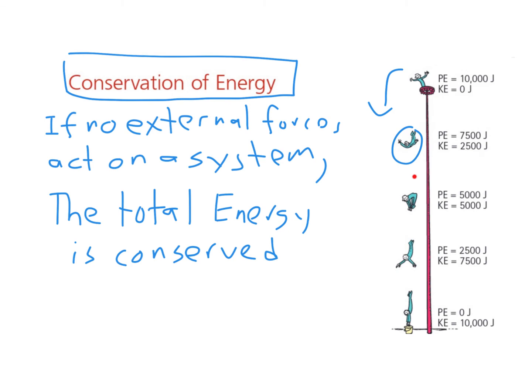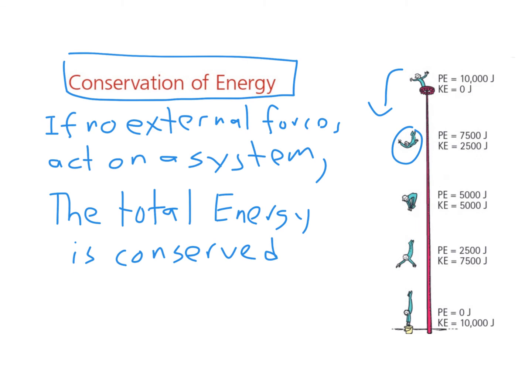Now, as he continues to fall, the h continues to get smaller, and at this point, halfway through the motion, he's gone from 10,000 joules to 5,000 joules. And how much energy has changed? He's lost 5,000 joules of potential energy. It's been converted into 5,000 joules of kinetic energy. But again, the sum, the total energy, potential energy plus kinetic energy, is still 10,000 joules.